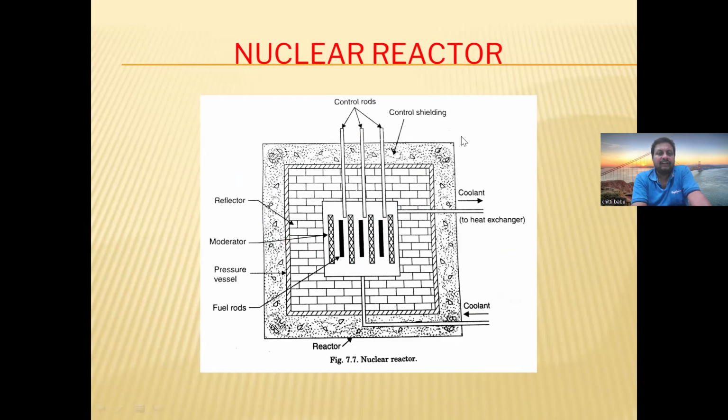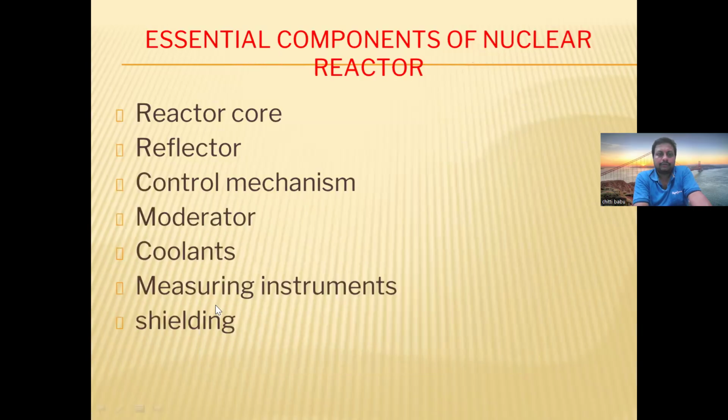Then we have the radiation shielding. If the radiation is very high, we use shielding, and we also use coolants. The heat will be carried away by the coolant and then go to the heat exchanger. These are the important components of the nuclear power plant.